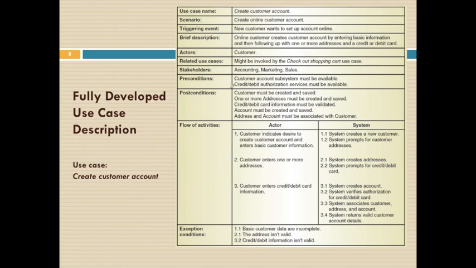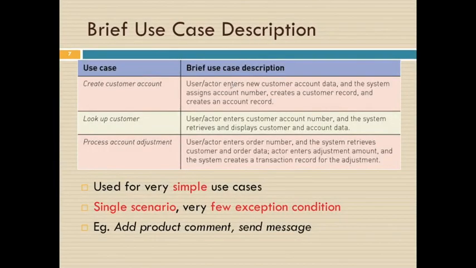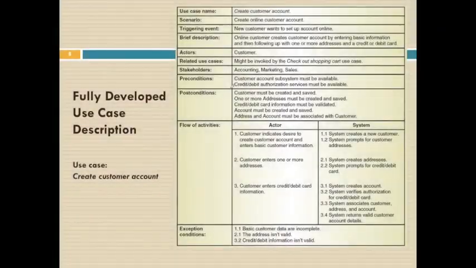So this is the fully developed use case description. So we have gone through on this brief use case description. So I hope you have that idea and you still remember on the brief use case description. Okay, today we will continue with the fully developed use case description.